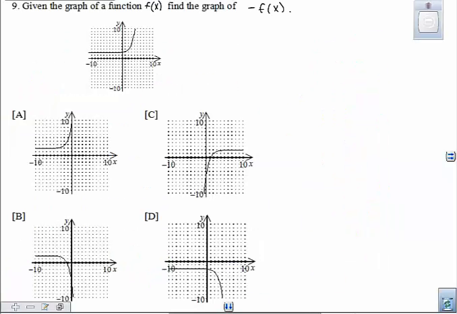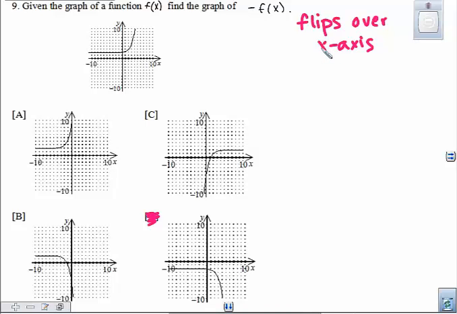9 gives you a graph of f of x and asks for the graph of negative f of x. So remember, when your negative is on the outside, okay, that's affecting your y values, which flips it over the... oh, I'm sorry, I said that incorrectly, excuse me.